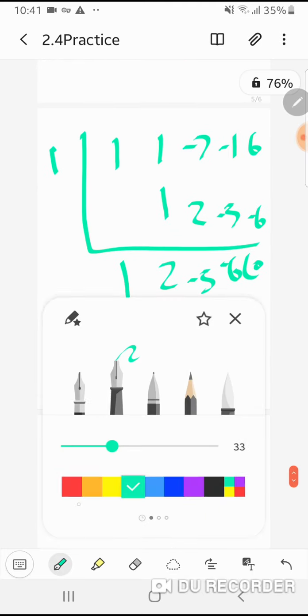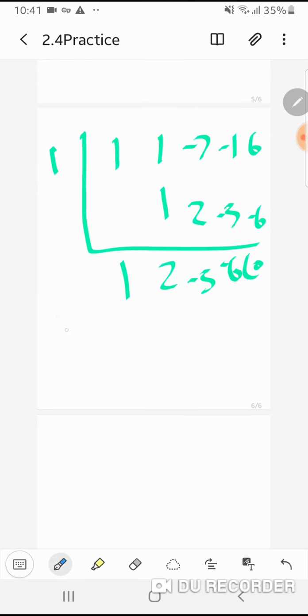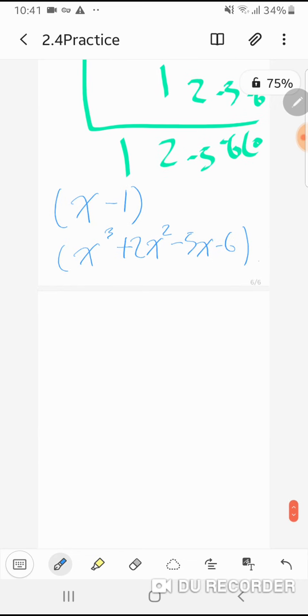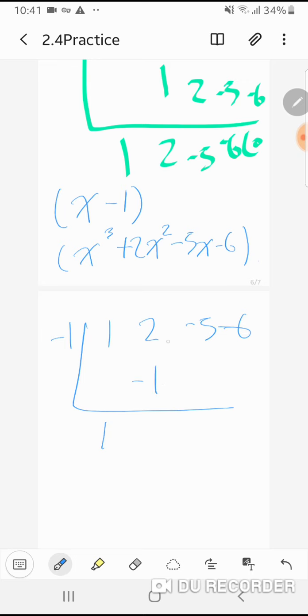So again, let's put negative 1. Negative 1, that's 1. Negative 1, that's negative 6.